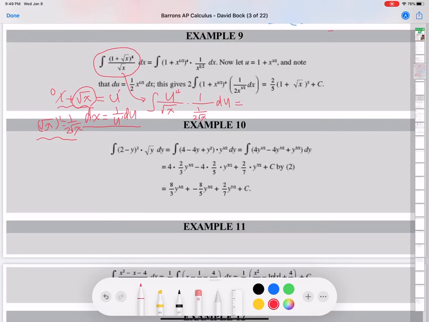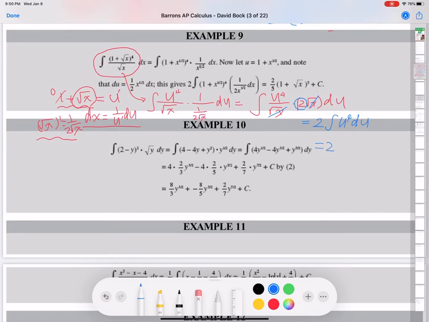I'm going to simplify this a little. Integral u to the fourth times root x times 2 root x du. Now root x cancels out. 2 is just a coefficient, it can go to the front. 2 integral u to the fourth du. By the power rule, the integral of x to the nth power is 1 over n plus 1 times x to the n plus 1 power.